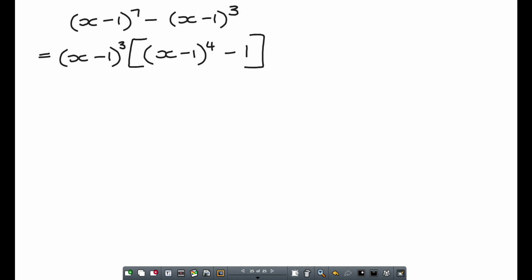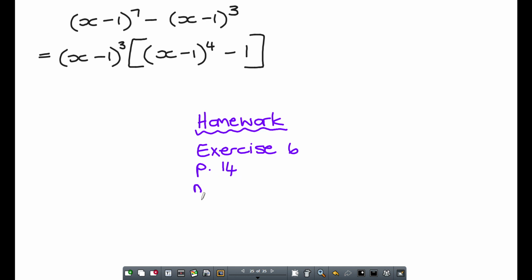Maar hierdie is nie verpligtend nie. Okay, ek gaan net eers daai gee.